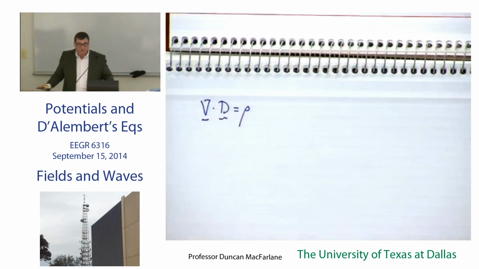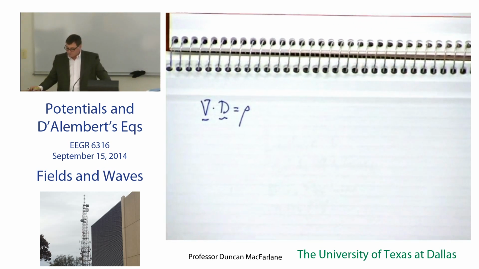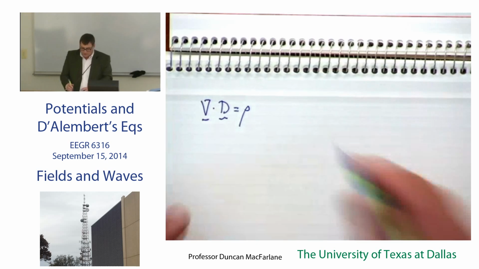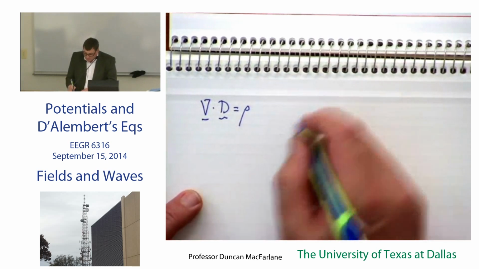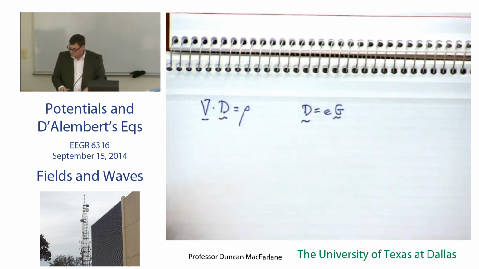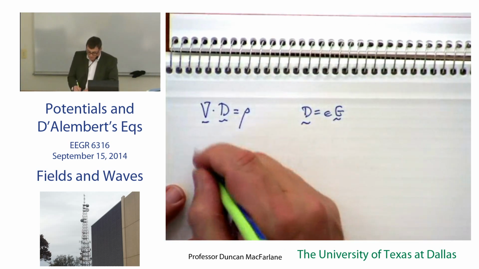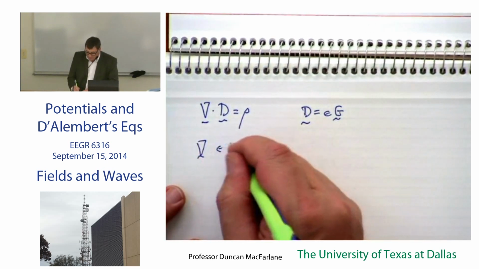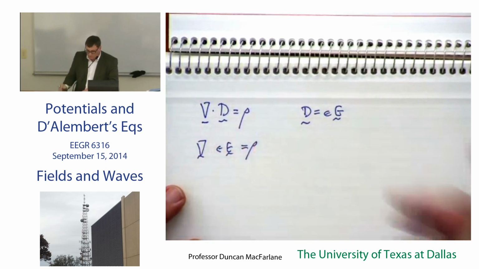So, in no particular order, I'll start with that one there. I will consider very simple material, so that D is equal to epsilon E. And so I'll have the divergence of epsilon E is equal to rho.